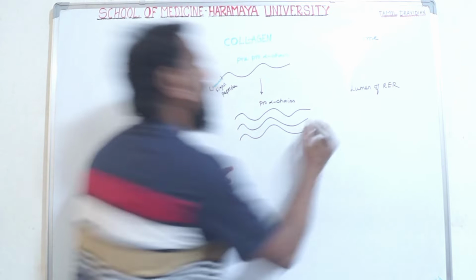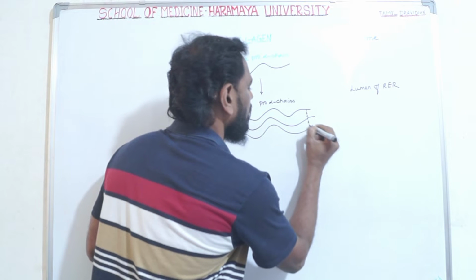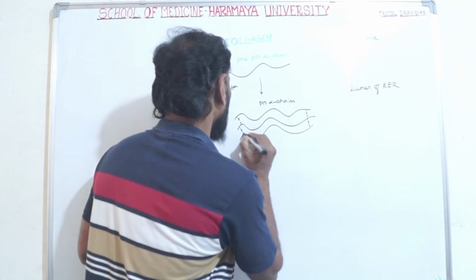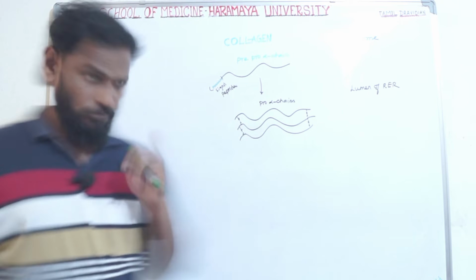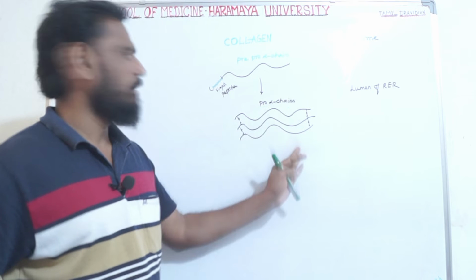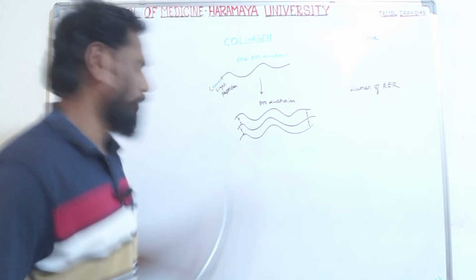How are they held? They are held by disulfide linkages, produced by sulfur containing amino acids, cysteine and methionine. These amino acids are responsible for holding the polypeptide chains. Clear? This takes place in the lumen of the endoplasmic reticulum.